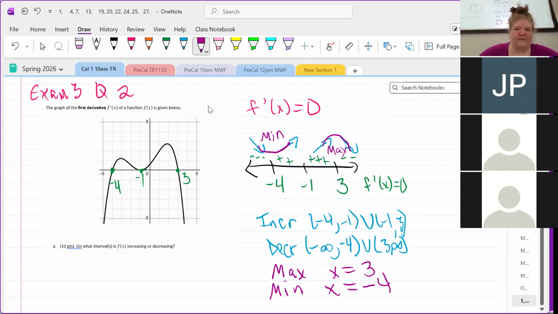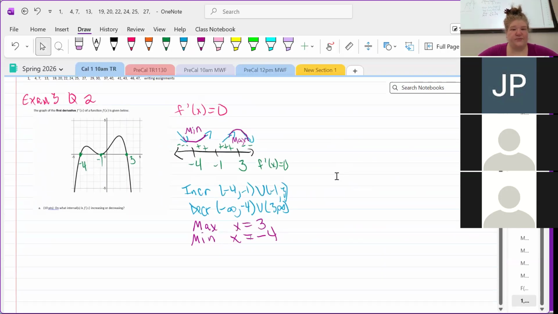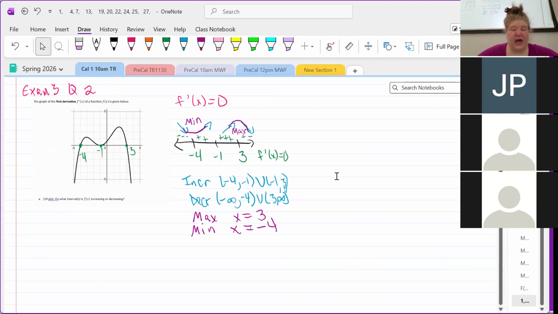So I made this one a bit of a trick question. A colleague of mine writes the exam and then I tweak it, and some of the questions end up being more complicated than I realize.